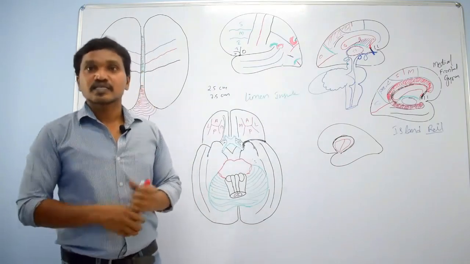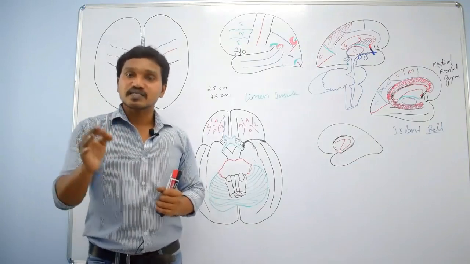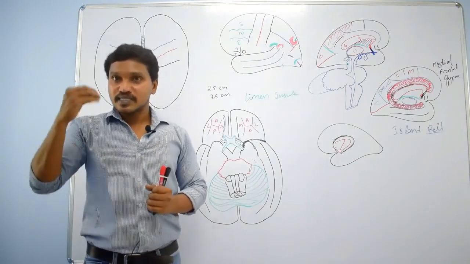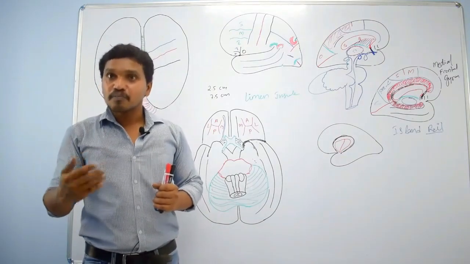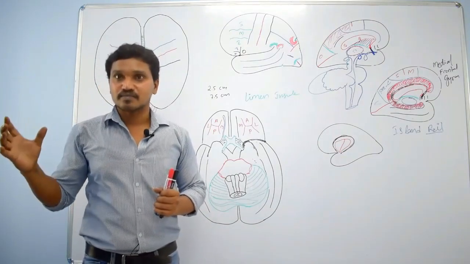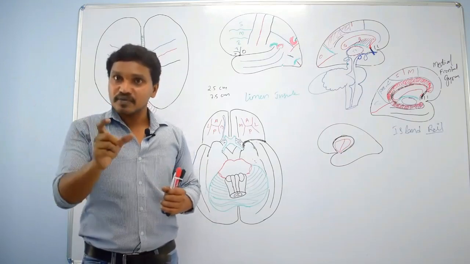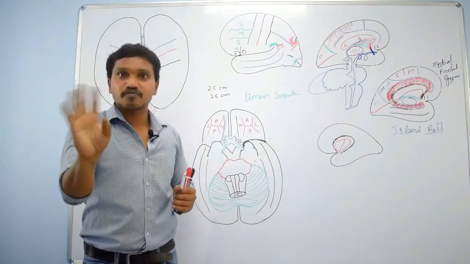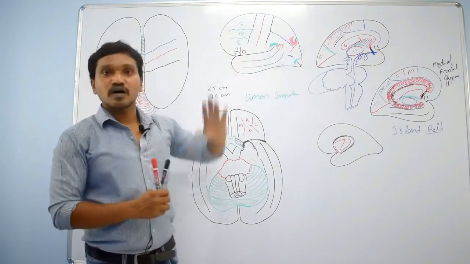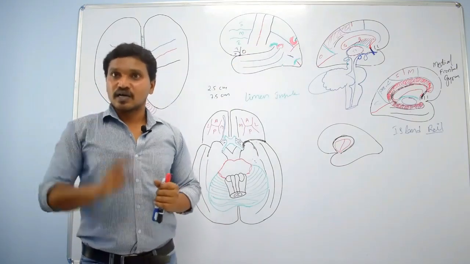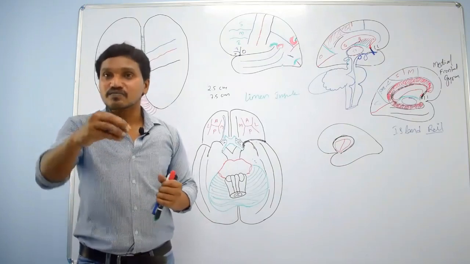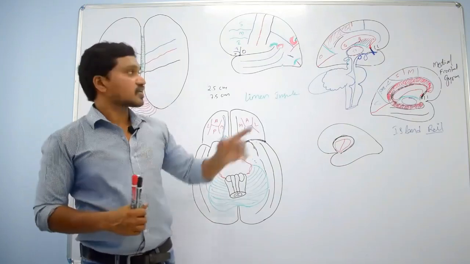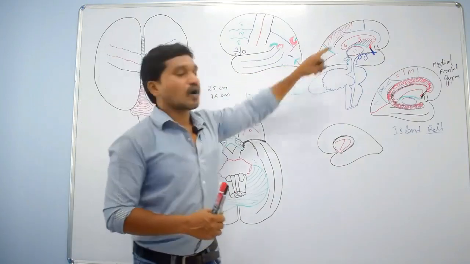Then some sulci are primary sulci and some are secondary sulci. Secondary sulci form because of some factors, while primary sulci are formed independently. Most sulci are primary. An example of a secondary sulcus is the parieto-occipital sulcus.